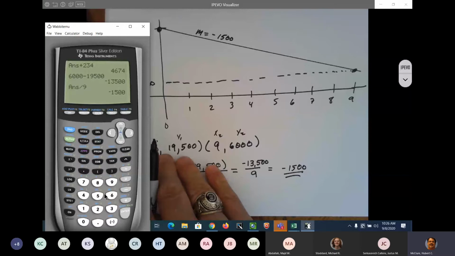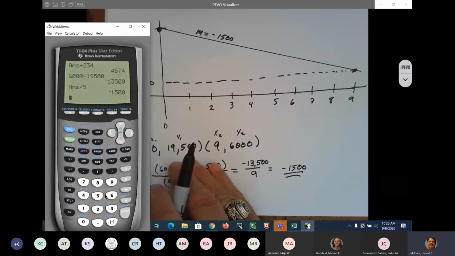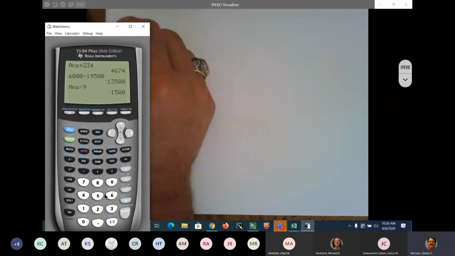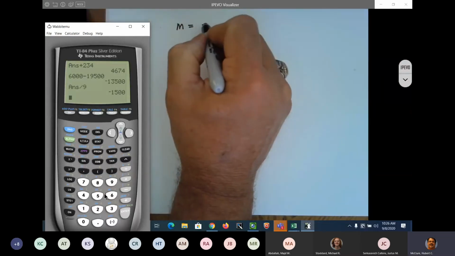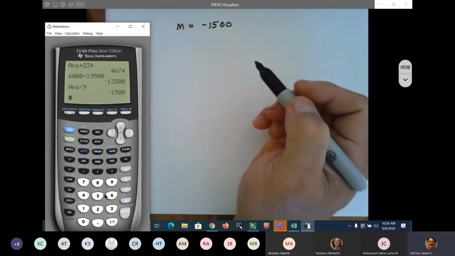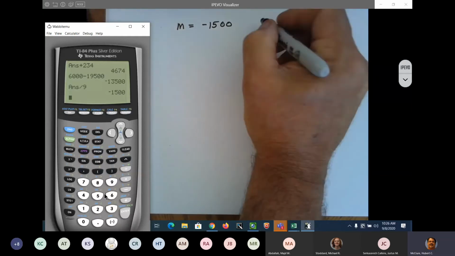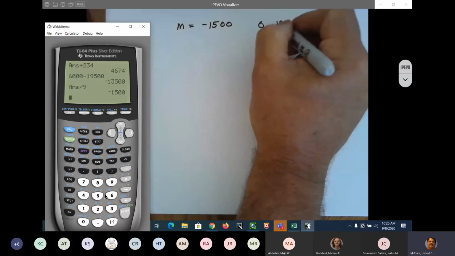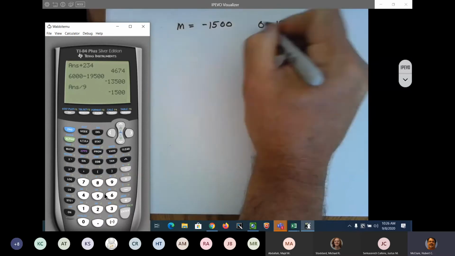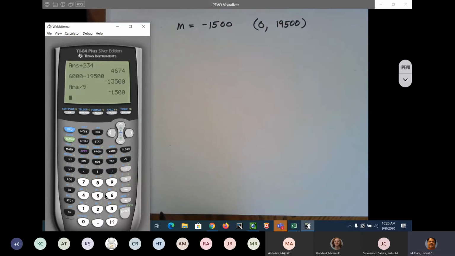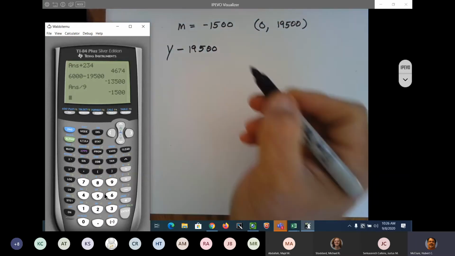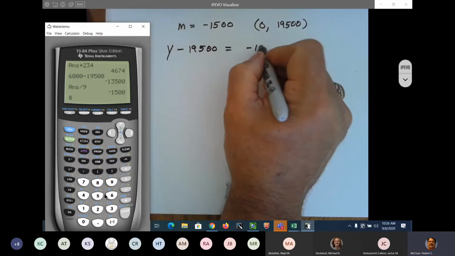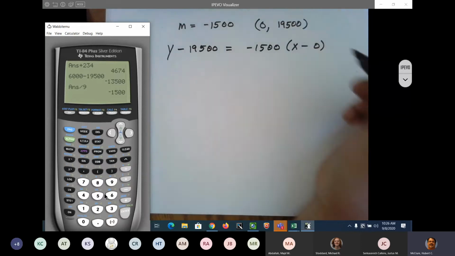Part two is find an equation. So I'm going to set it up just like a test question. m is equal to negative 1,500, and I give you the point (0, 19.5). And the directions say find an equation. y minus 19.5 is equal to negative 1,500 times x minus 0.